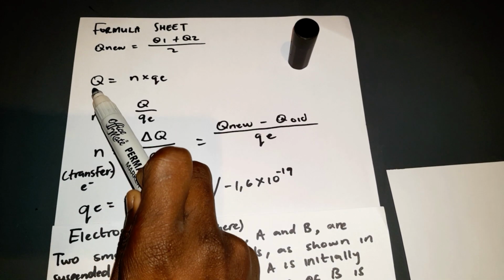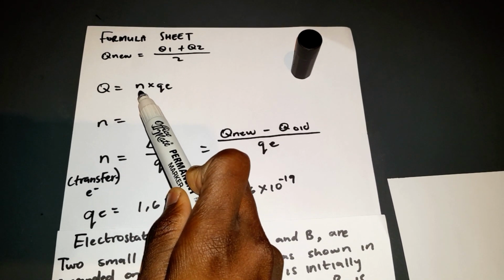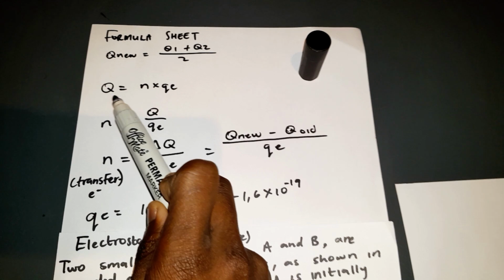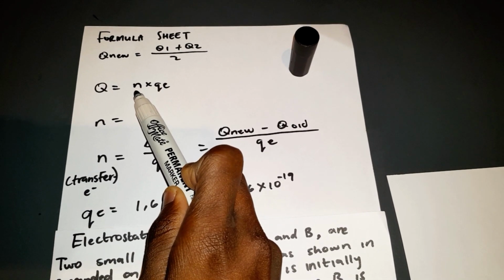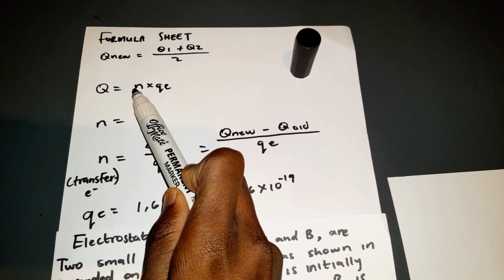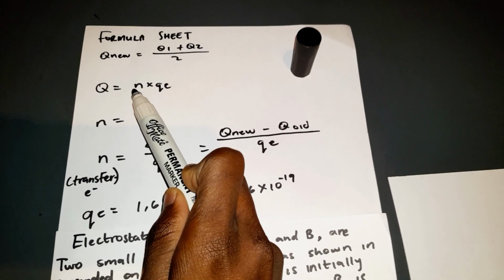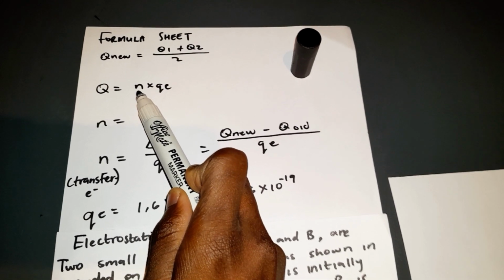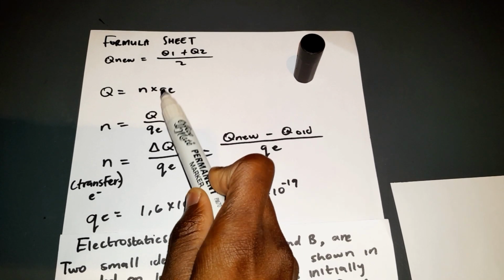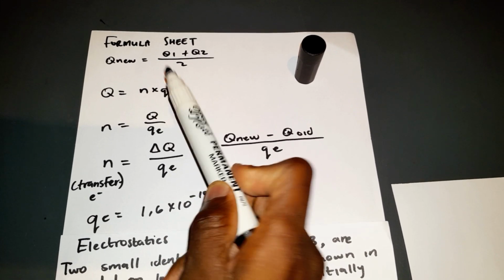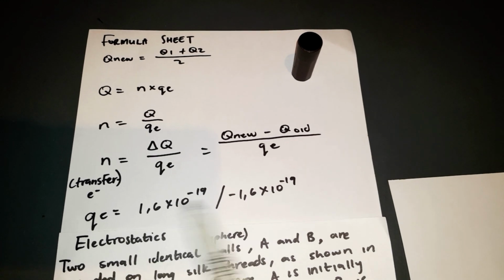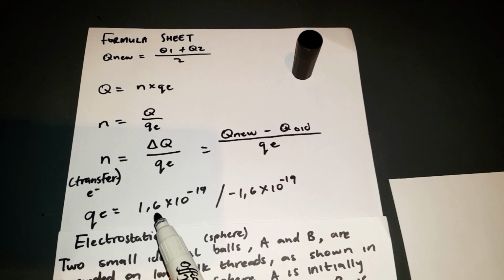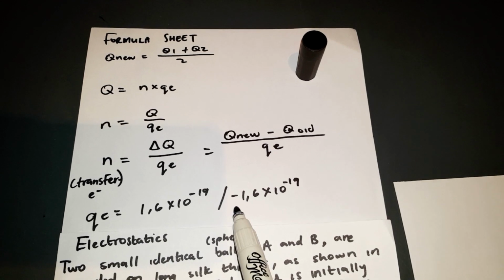Note that. So this is the formula we're going to use when we want to find the charge. This can be the number of electrons or the number of protons and so forth, the number of anything. And this is the Qe, which is the electron charge, which is 1,6 times 10 to the negative 19. You can see I wrote both the positive one and the negative one.